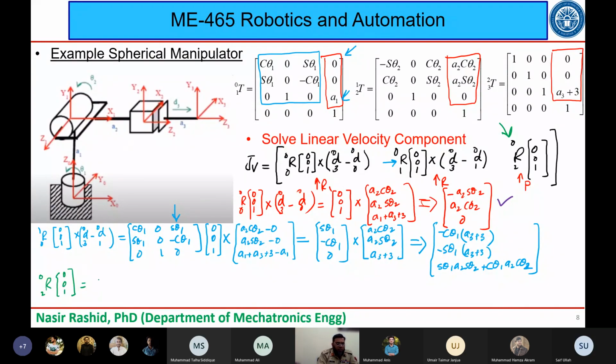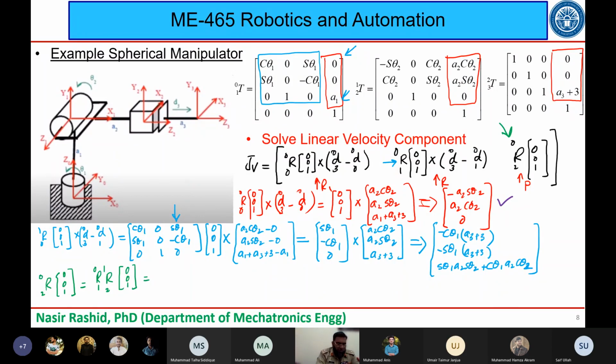R2 to 0 is equal to R1 to 0, ये मैं पहले आपको बता चुका हूँ, ये उसी की रेपिटेशन है, into R2 to 1 and this has to be multiplied by 0 0 1, ठीक है। Now let me write down these। R1 to 0 क्या है?